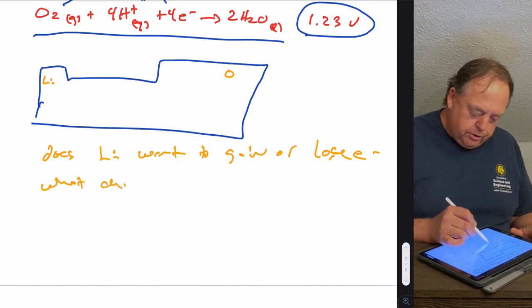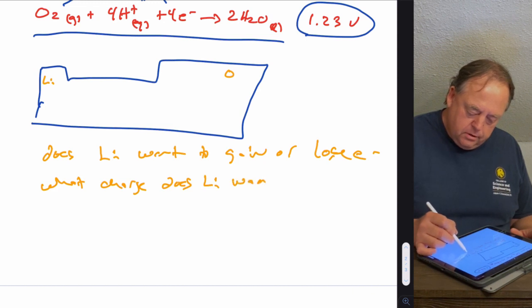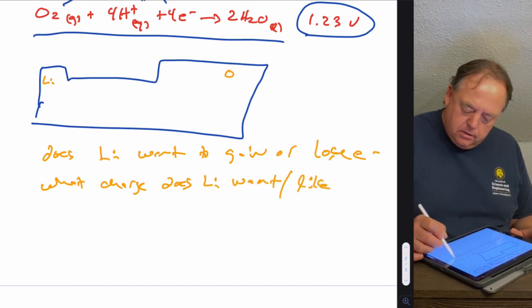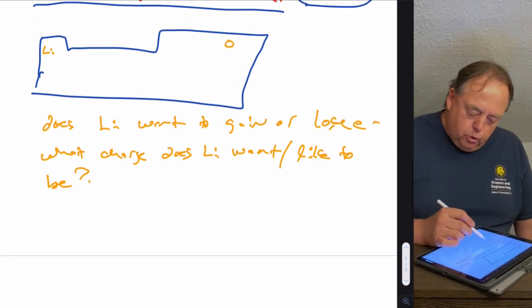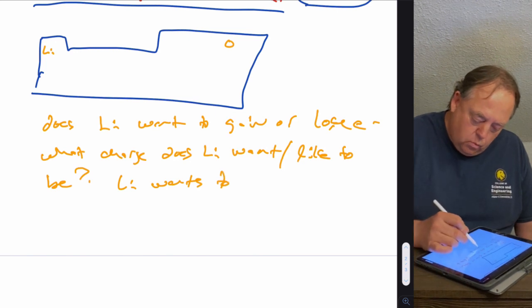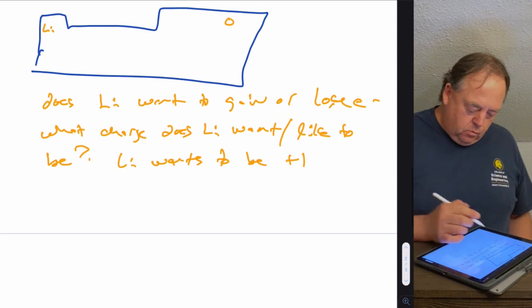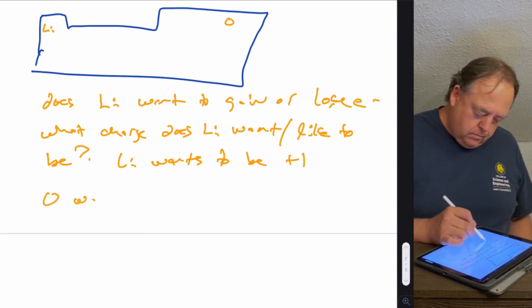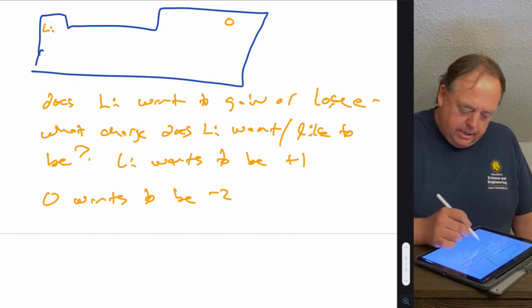What charge does lithium want or like to be? Of course it's a group 1 metal, so lithium wants to be +1 charged, right? And what about oxygen? Oxygen wants to be -2 charged, right?